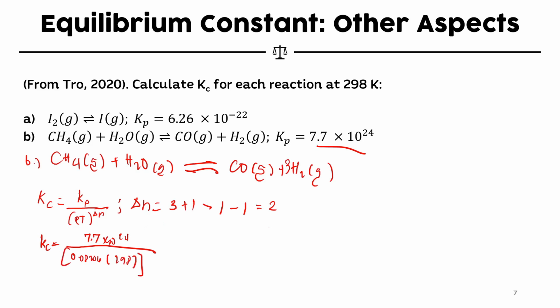Then we raise it to the power of 2, and that is equal to 1.288, rounded off to 4 significant figures, times 10 to the 22. Now remember, just like your Kc, your Kp also does not have a unit.